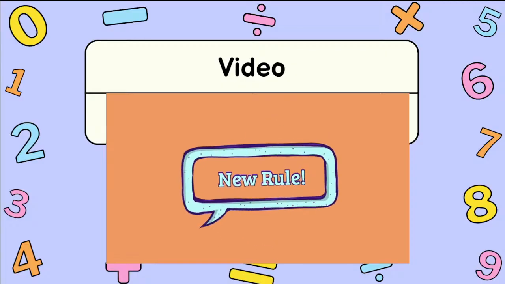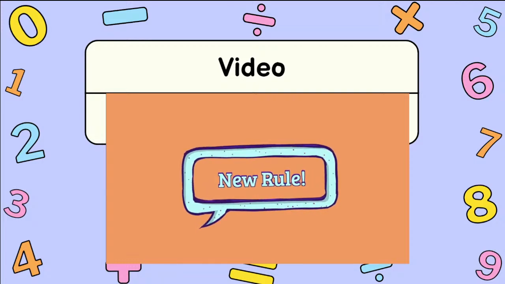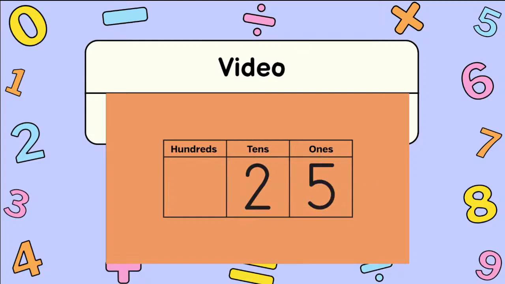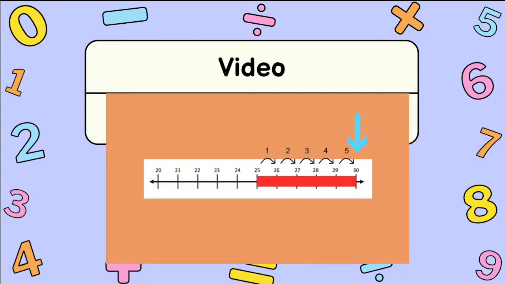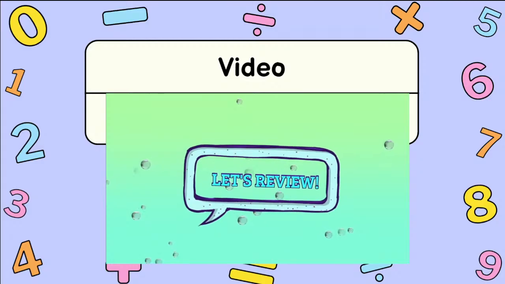Well, when this happens, we have to follow a rule, and the rule is this. When we have a number with a 5 in the ones place, we always round up to the nearest 10. 25 rounds to 30.